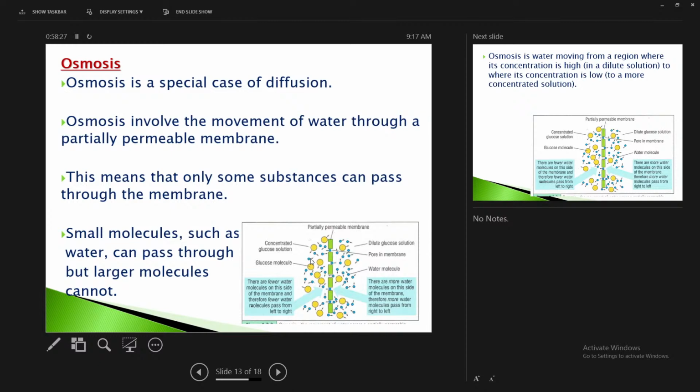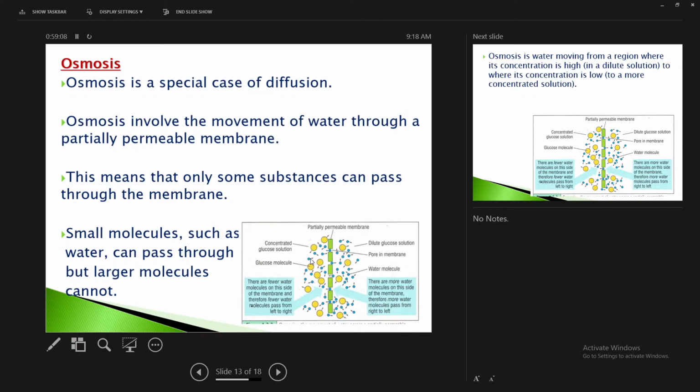So if you look at the notes for osmosis, it is basically talking about the same thing as diffusion, where you have a place of high concentration and a place of low concentration. Because looking at the image now, the yellow dots represent oxygen, and you will see that more dots are on the left side, while on the right side you have five and on the left side you have about eight.